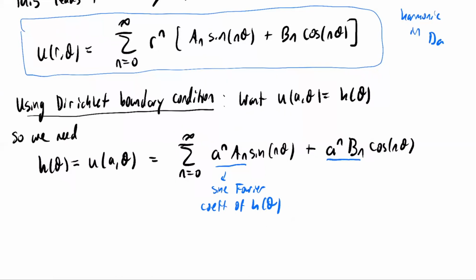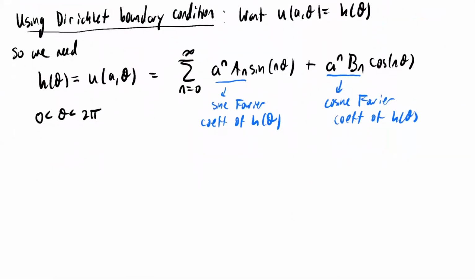On the other hand, a to the n times bn has to be the cosine Fourier coefficient of h of theta. Again, we're viewing this as a function of theta now, where theta is the angle in polar coordinates. And so the Fourier series is defined with respect to theta, right? But we know how to calculate these coefficients in terms of h, right? And so in particular, we're on the domain theta is between 0 and 2 pi, right? And so let's just use our formulas.